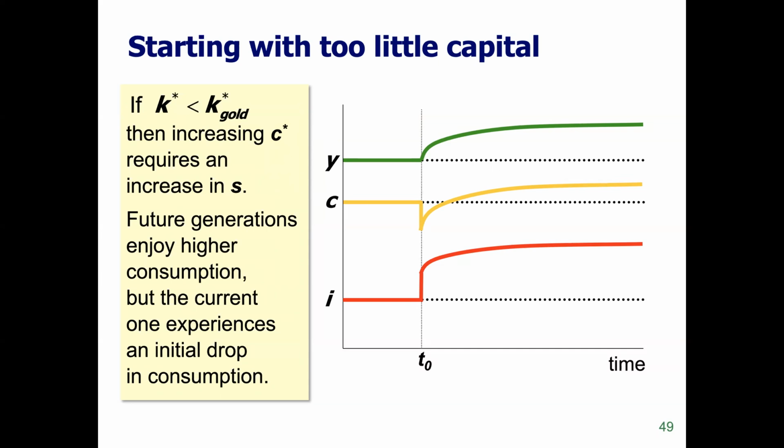You get an increase in output, you get an increase in investment, and you get an increase in consumption in the very long run after capital adjusts. So again, I'm using long run to mean after prices adjust, and very long run to mean after the capital stock also adjusts. So in the very long run, consumption is higher, but you have to sacrifice with a higher saving rate, lowering your consumption in the nearer term future.